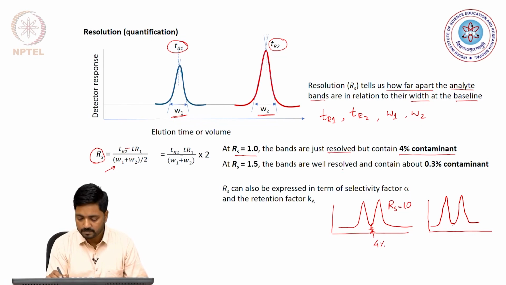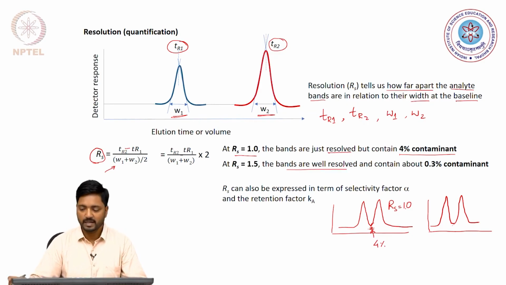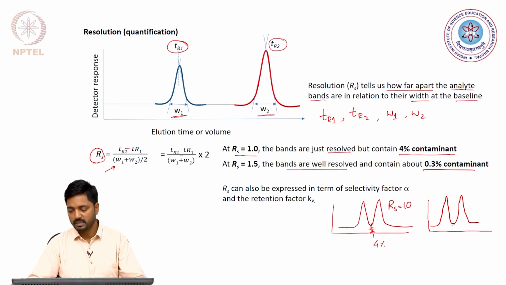That means these bands are well resolved at a resolution value of 1.5, and they contain only about 0.3% contaminant. So, depending upon the extent of purified material that we need, we should choose our elution conditions so that well resolved peaks can be generated for the analytes that we want to separate.